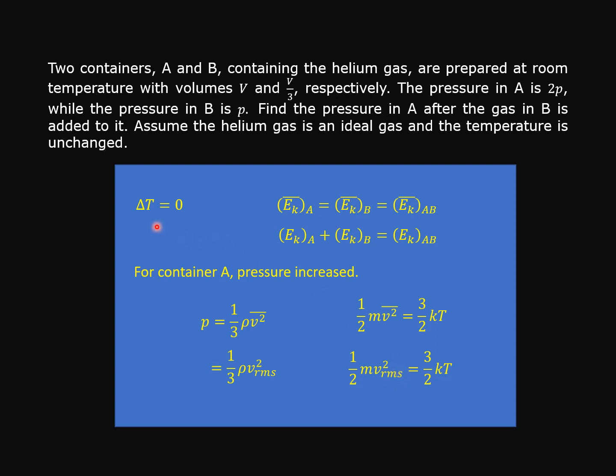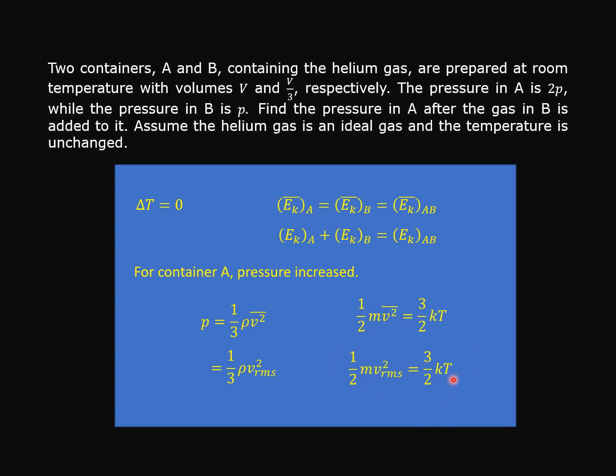So if the temperature change is 0, that means T is constant. If T is constant, it means that V RMS squared is also constant. M wouldn't change because we consider the same type of gas. So before and after the gas in B is added to A, the average translational kinetic energy remains the same, due to this equation.